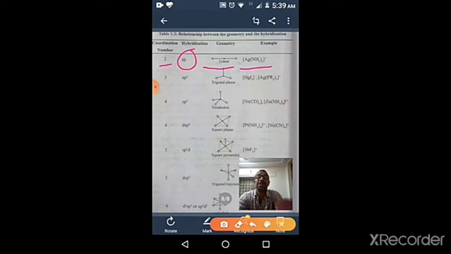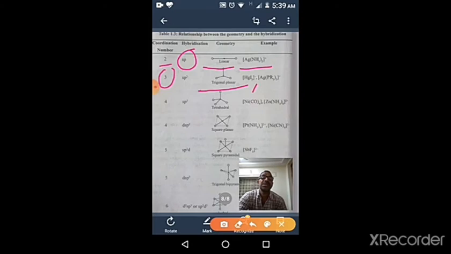Coming to coordination number 3, we can expect sp2 hybridization. So it is in trigonal planar shape. These are the examples for trigonal planar coordination complexes: triiodomercurate(II) ion.